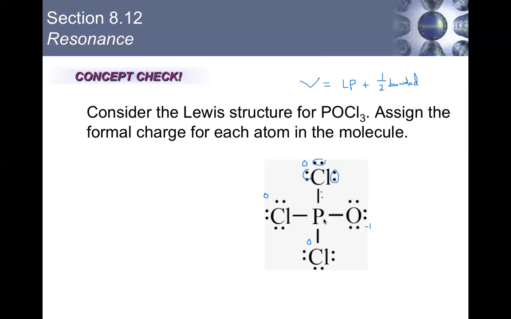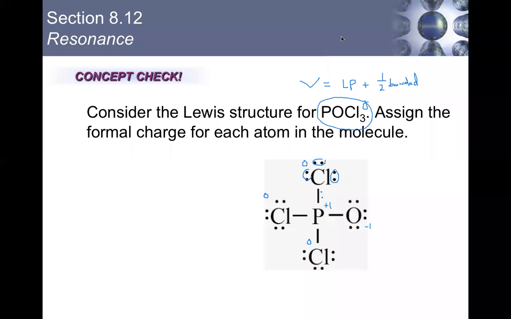So 5 minus 4, the charge on phosphorus is positive 1. Remember, when you add up all the formal charges, they have to equal the overall charge of the molecule. Do we see a charge given here? No, so its overall charge is 0. So 0 plus 0 plus 0 plus 1 minus 1 equals 0. Okay, so that's how we find formal charge.